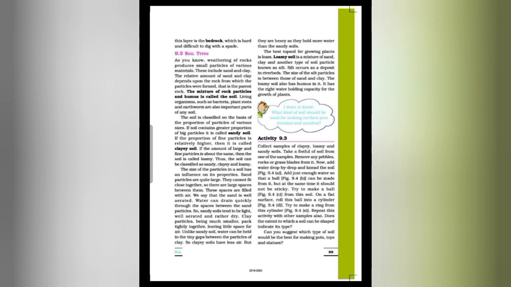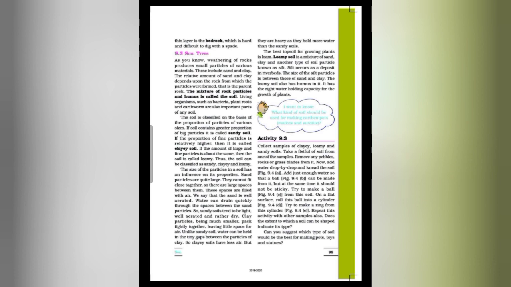The next soil is clay soil. Clay soil contains mainly clay. It has a very small amount of sand and silt. It contains some humus, and the clay particles are much smaller and packed tightly together, leaving little space for air. So clay soil has little air. Clay soil has very small and tightly packed clay particles, making it less porous.